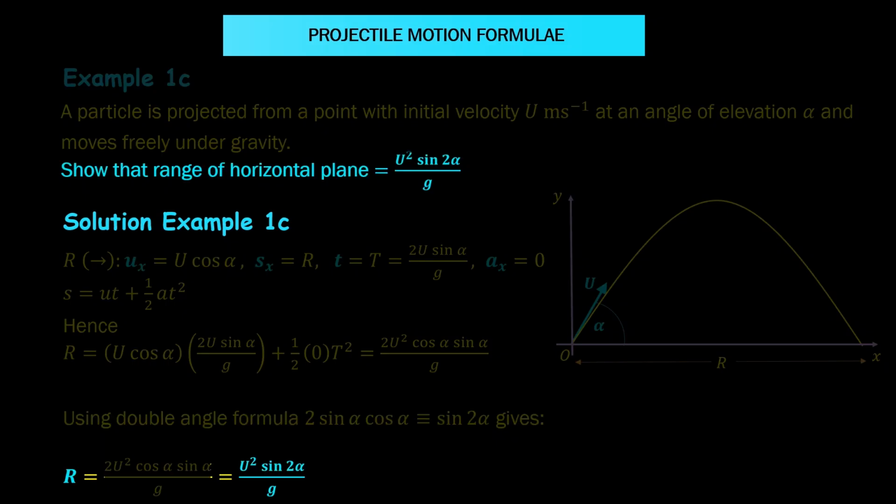And so we've shown that the range of the horizontal plane equals u squared sine 2 alpha over g.